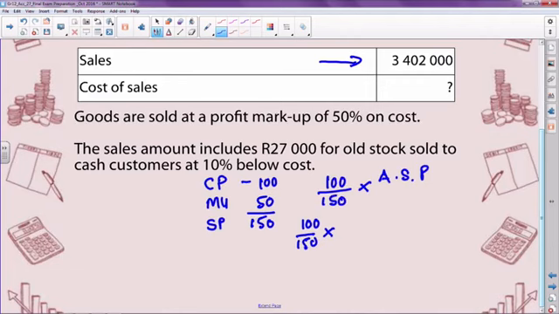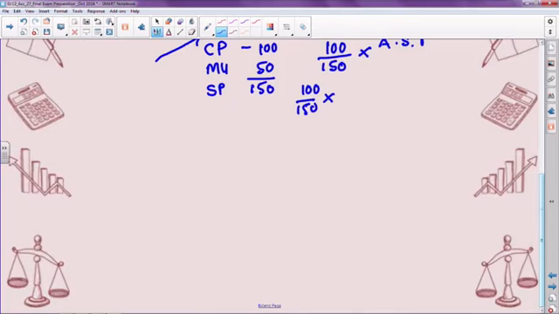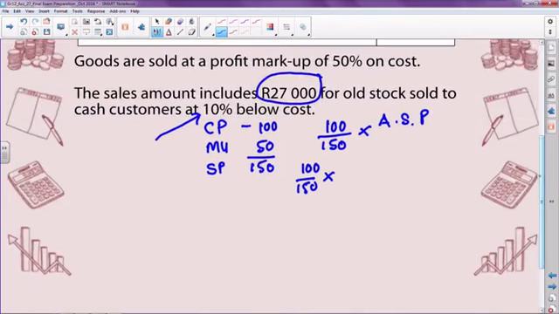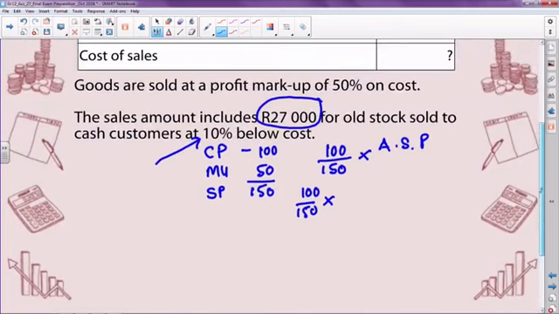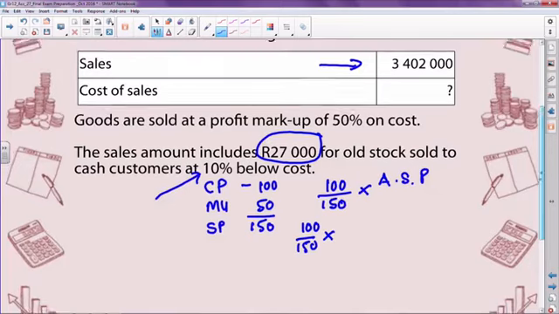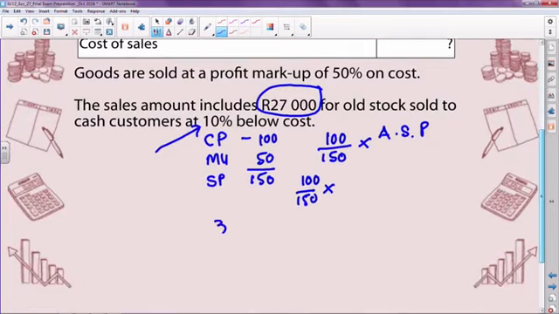However, watch this. They tell you that the sales amount includes an amount of 27,000 Rand for old stock that was sold to cash customers at 10% below the cost. Okay? This was sold at 10% below the cost. So step number one, watch what I'm going to do. I take my 3,402,000, which was the original sales price. I subtract the 27,000.